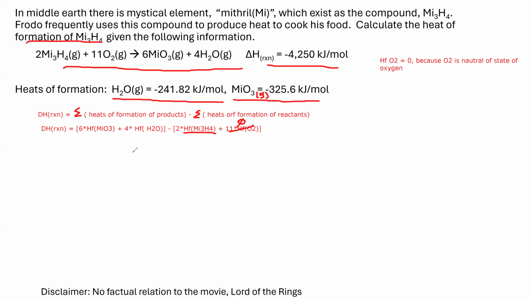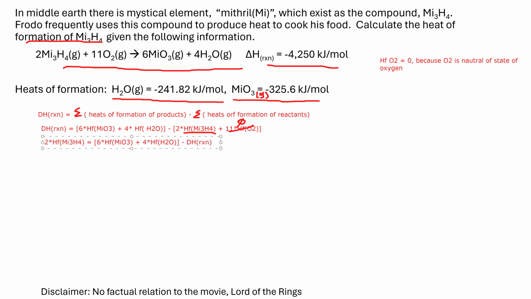So if we rearrange this equation, we get 2 times the heat of formation of Mi3H4 equals the heat of formation of products, then we're going to subtract it from the delta H of reaction.